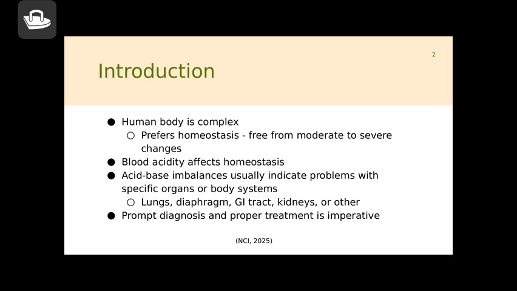So, usually that's like the lungs, diaphragm, maybe the muscle the diaphragm's injured, and that's what's affecting the lungs, not necessarily a disease process in the lungs themselves. Your GI tract, kidneys, and basically any other system can kind of cause acid base balance issues. So, prompt diagnosis and proper treatment is imperative to preventing the spiral effect or from letting the acid base balance get out of whack too much.